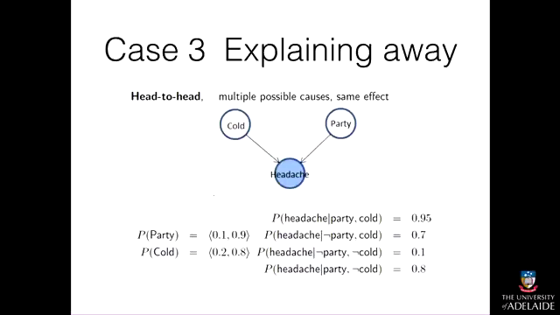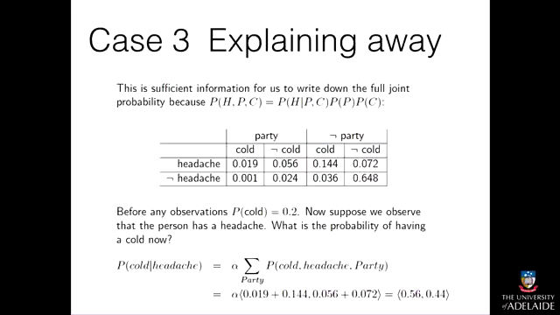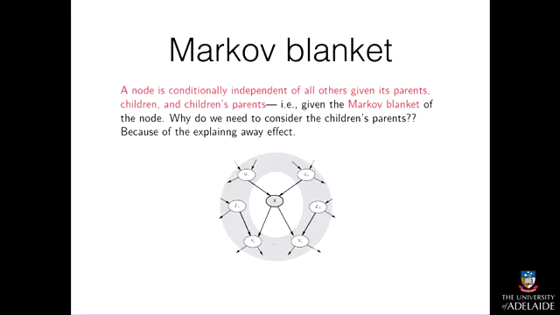So it means P(cold | headache) is not equal to P(cold | headache, party). So we need to consider the children's parents. That's why we have it here in the rules of the Markov blanket.